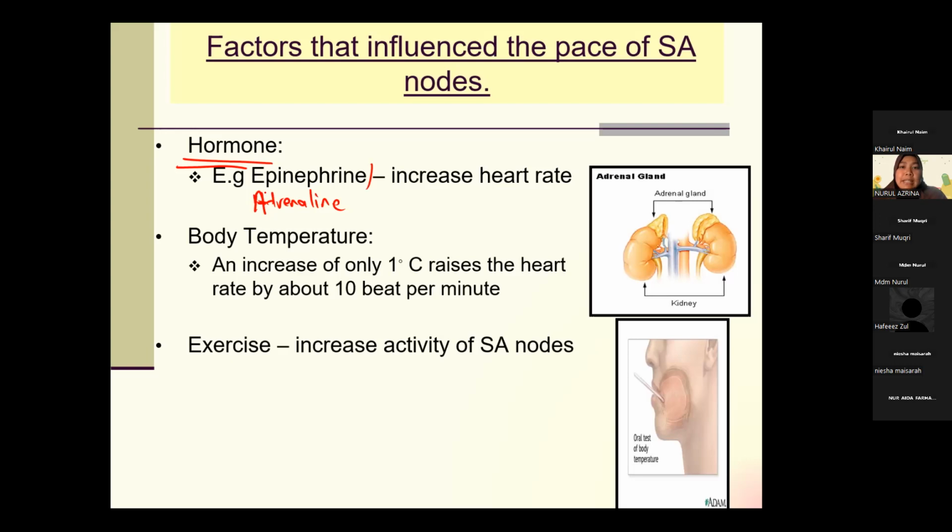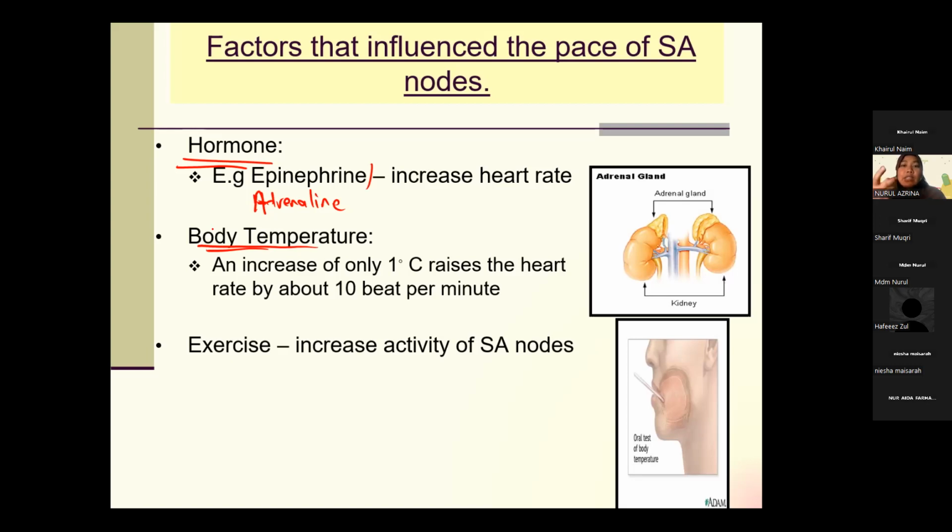So it will increase the heart rate. Okay, and number 3 is body temperature, right? An increase of only 1 degree Celsius will raise your heart rate by about 10 beats per minute. For example, when you are exercising, your body temperature increases. So when your body temperature increases, it will also induce your heartbeat to increase. Right? About 10 beats per minute.